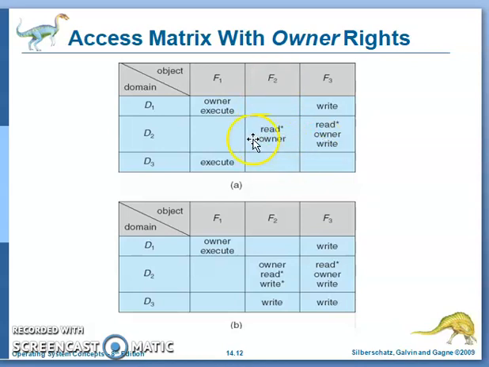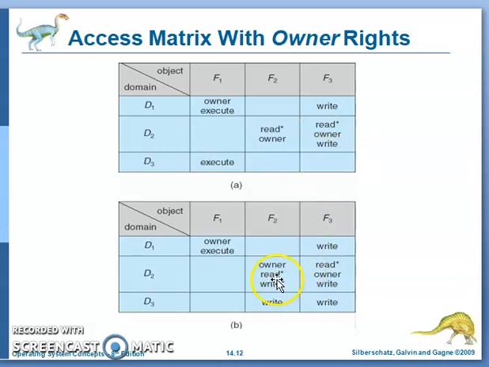That means this owner can add any right in domain D1 on F2, or can also add any right in domain D3 on F2. Here this is again owner, means he can remove or add. He can remove the write operation on F3 in domain D3, or the write operation on F3 in domain D2, or read star can again be removed, or you can add one more operation.